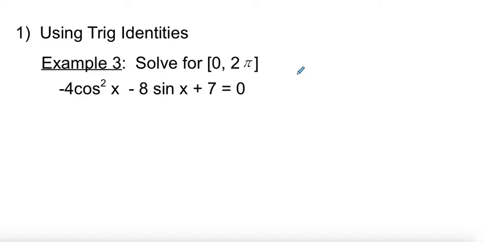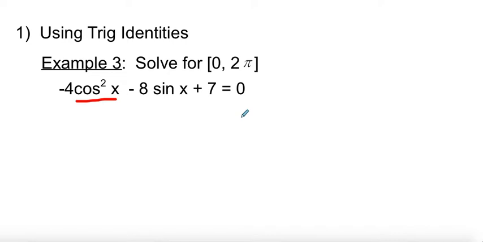One's got cosine squared, the other one has sine. They both have the same angle, they're both x's, so we're not going to do anything with double angle or half angles. We have to replace that cosine squared, because this is like the ones that we did last time here, where we could just replace that cosine squared there with 1 minus sine squared.